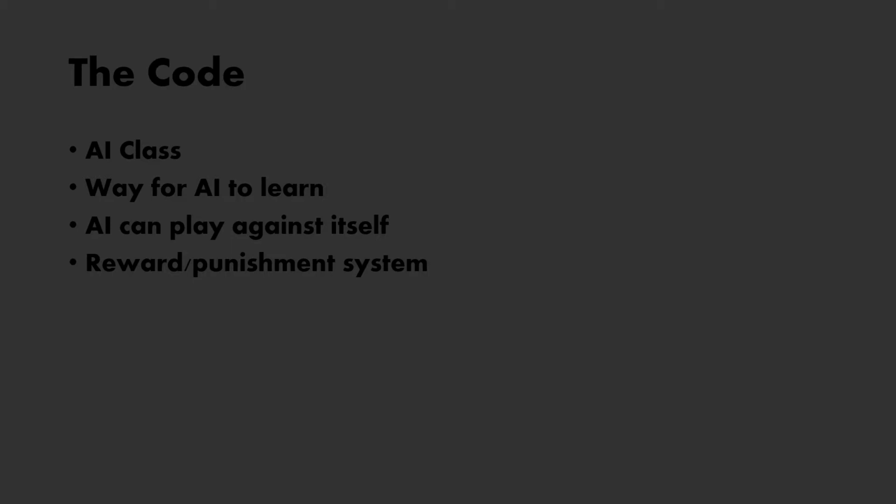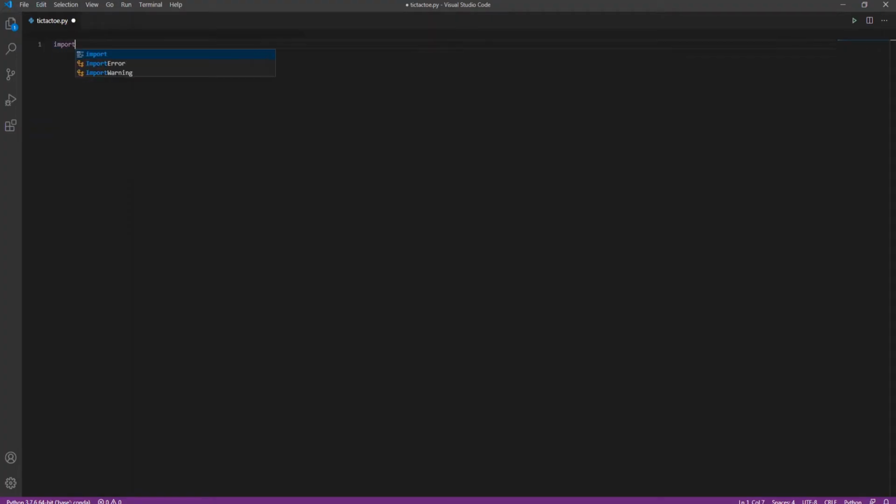That will set a value for that move to a lower value. And if an AI wins from a move, the value will be set higher. So the AI will also choose a move based on that value. Eventually, once the AI learns what is a good move and what is a bad move, it will be able to play tic-tac-toe optimally.